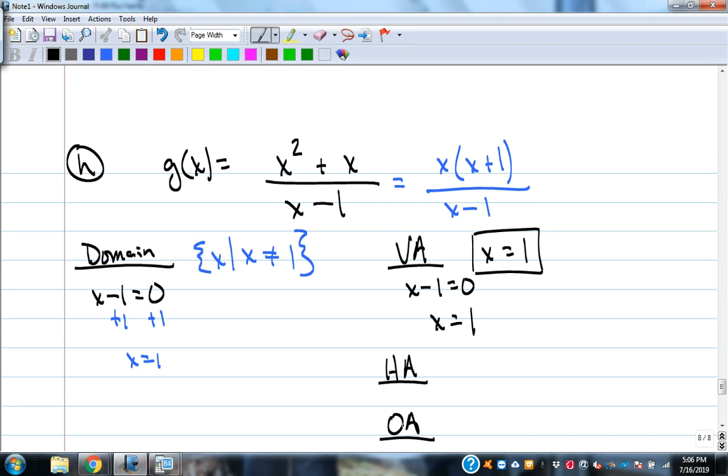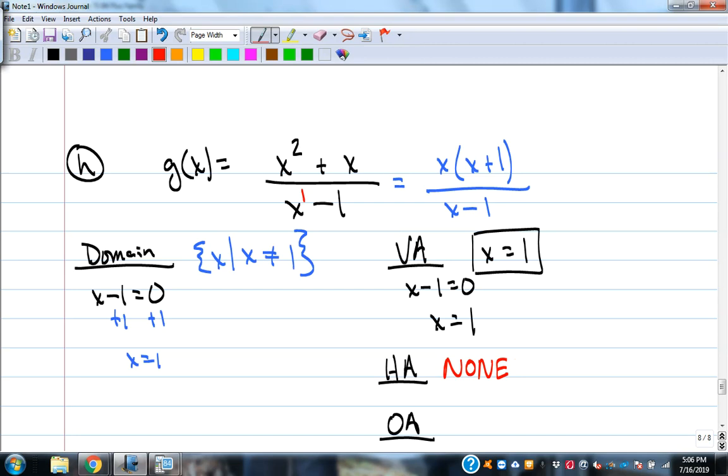Rules are, if the degrees are the same or the top is smaller than the bottom, then there's a horizontal asymptote. Well, what's the degree of the top here? 2. What's the degree of the bottom? 1. So that's a case where the top is bigger than the bottom. If the top is bigger than the bottom, no, it does not have a horizontal asymptote.